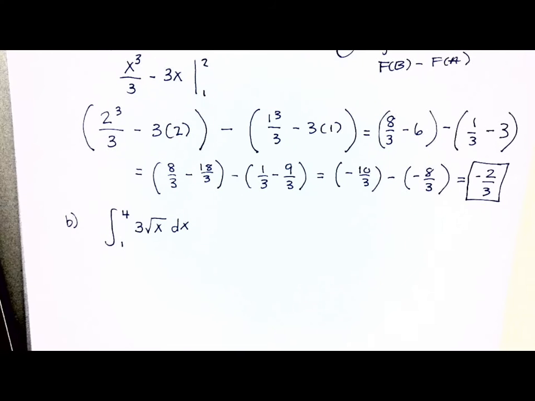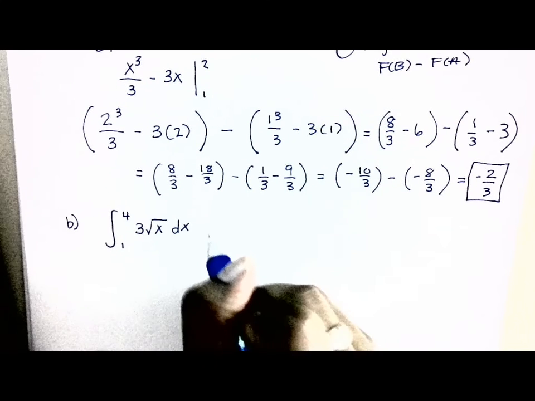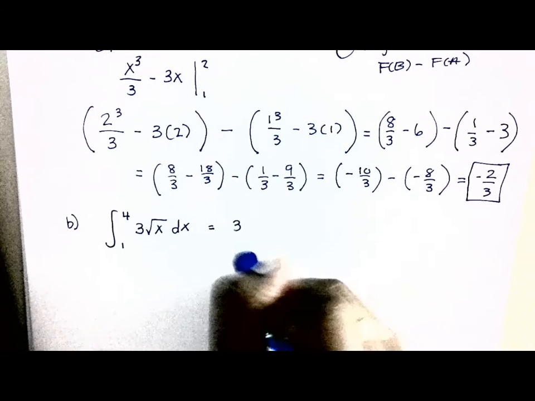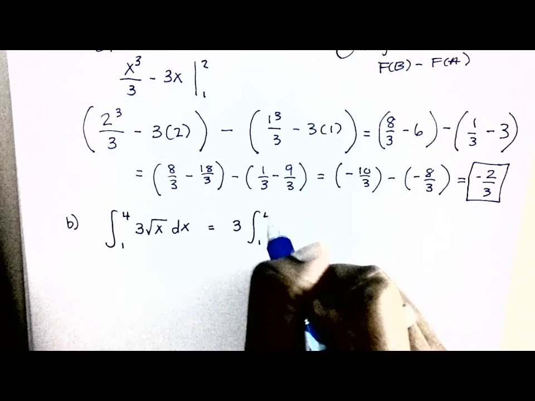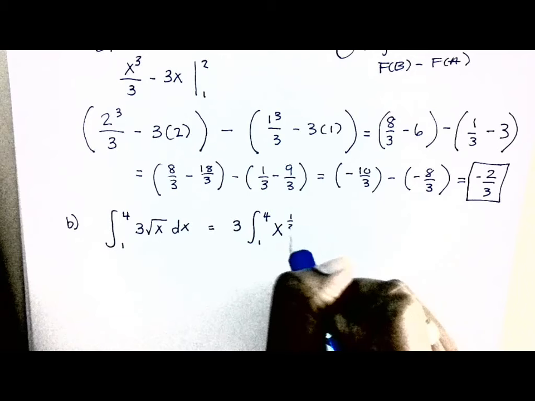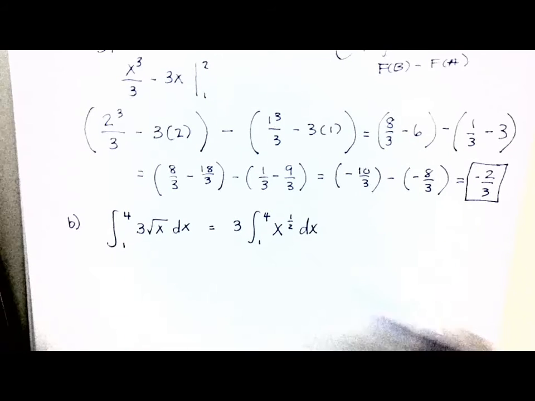With these, you really want to start moving your constants out front and saving them for later, because what's going to happen is they're going to start getting messy. So when we evaluate this, you want to do 3 integral from 1 to 4 x to the half dx.